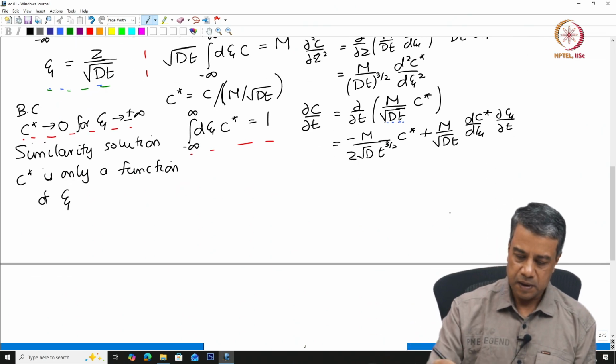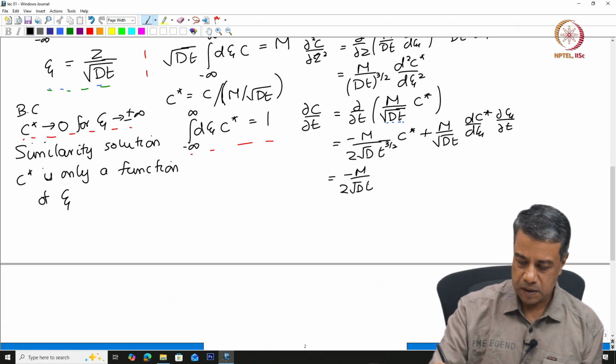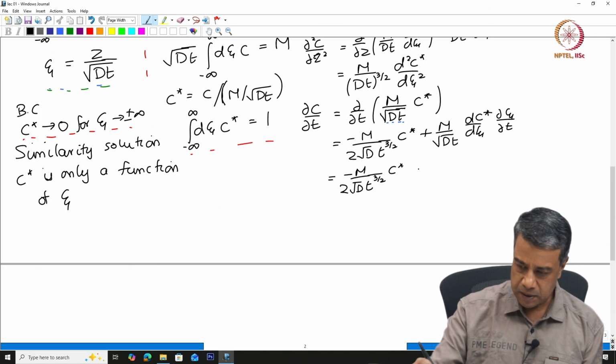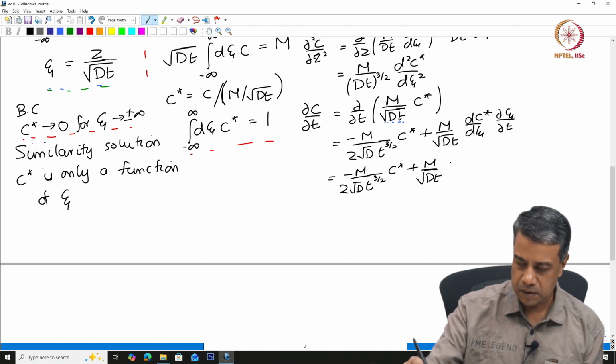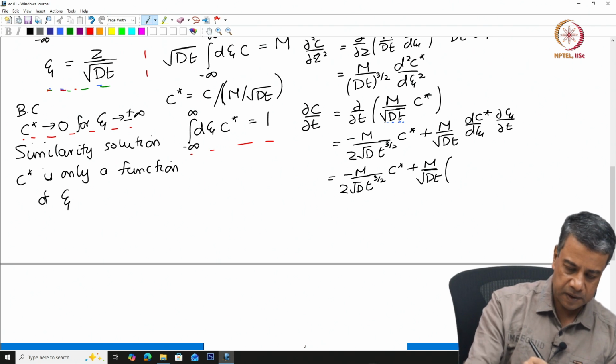Simplifying this further, I will get minus m by 2 root D t power 3 by 2 C star, plus m by root D t, partial psi by partial t, substituting for psi from here.